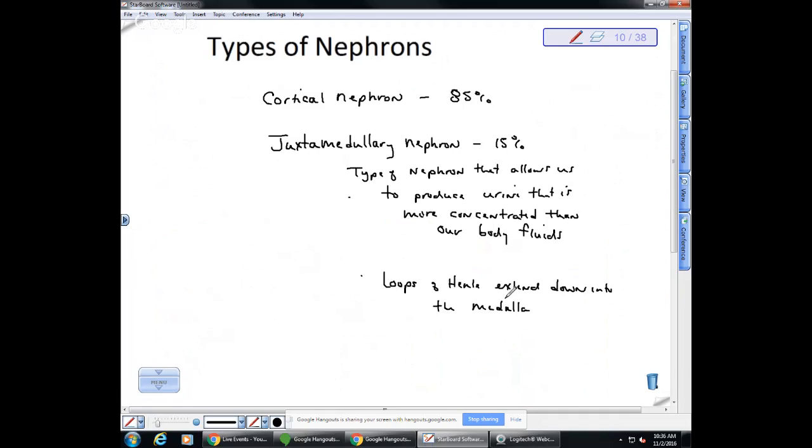So desert mammals tend to have longer loops of Henle, and they can produce more concentrated urine than we can. And that is the ability to conserve water, right? So this helps conservation of water.